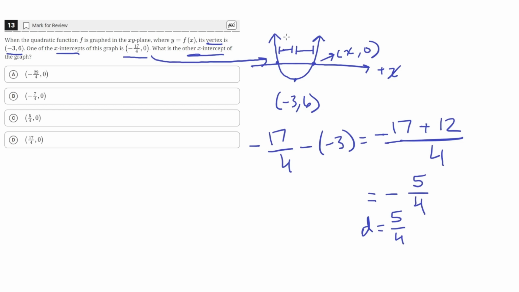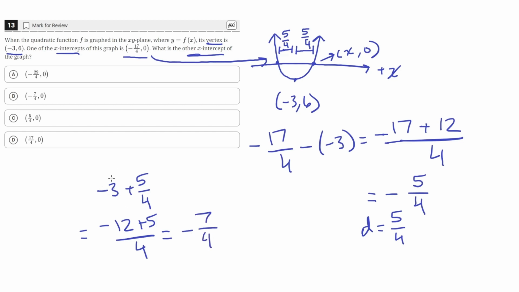So the distance between this x-intercept and the vertex is 5 over 4, and that means so is this distance. So in order to find the value of x here, we can just add 5 over 4 to negative 3. So negative 3 plus 5 over 4 is equal to negative 12 plus 5 over 4, which is equal to negative 7 over 4.